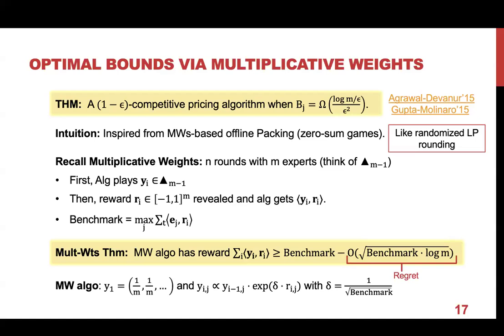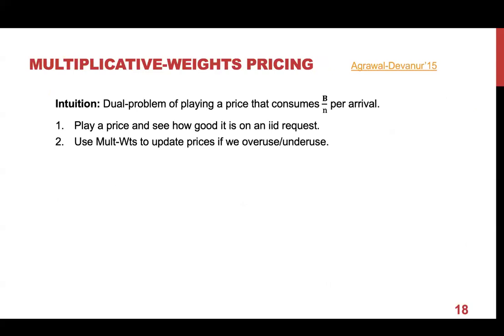Now the question is, how do I use this multiplicative weights idea to design the algorithm of Agrawal and Devanur to solve our online resource allocation problem? Here's the main intuition, and I would say this is the most important intuition of this talk. Remember, we're trying to play some prices.